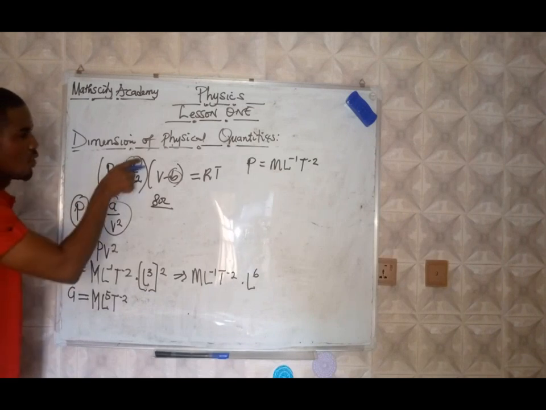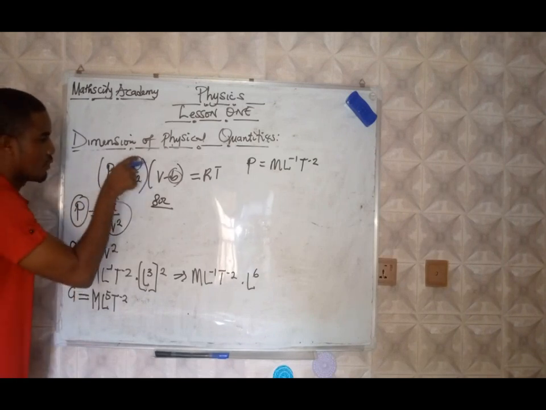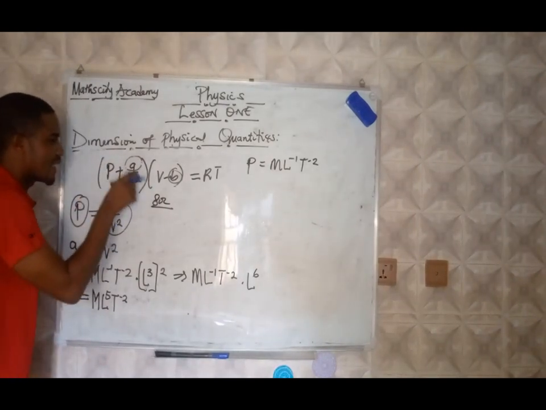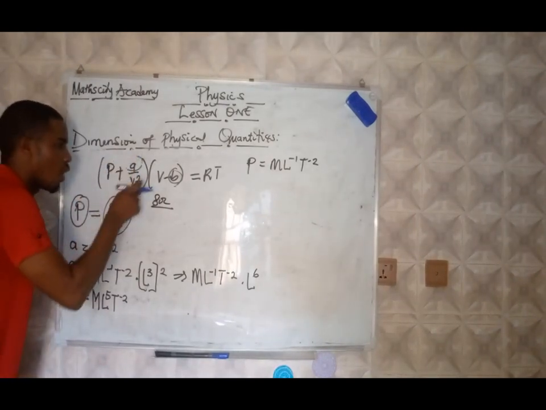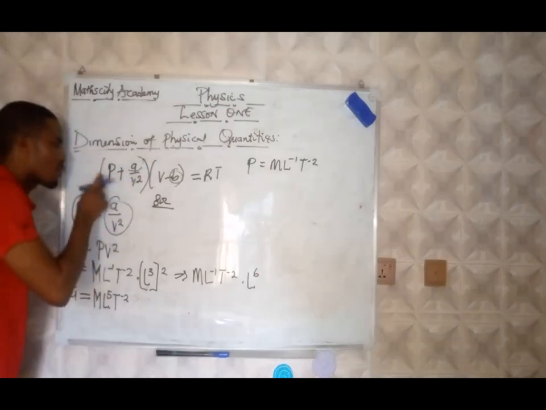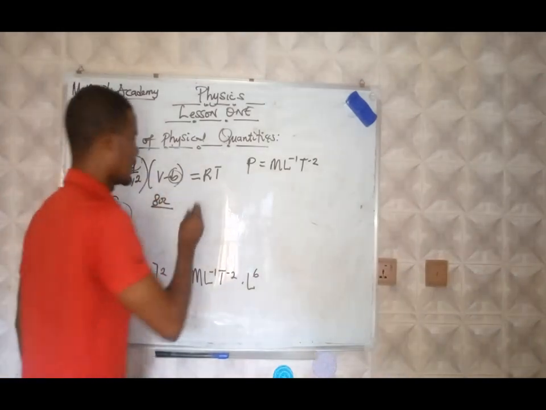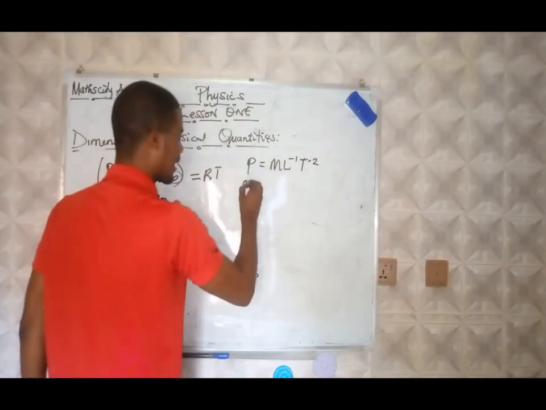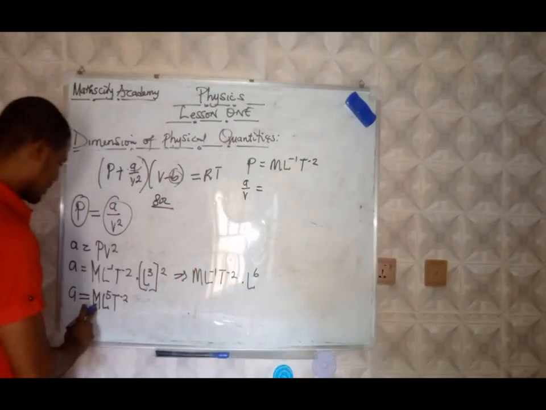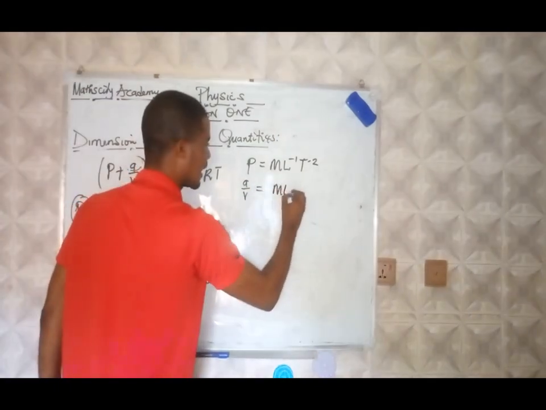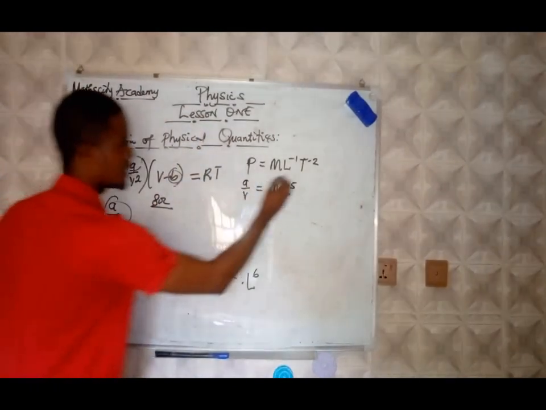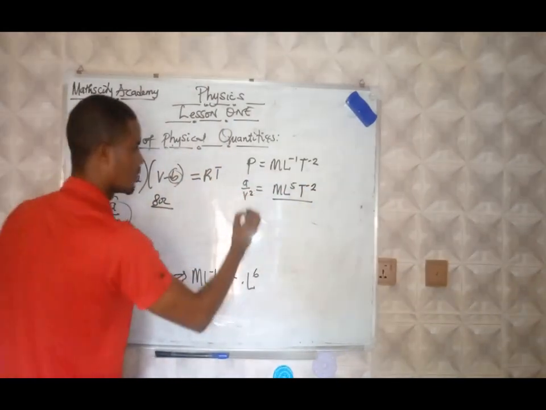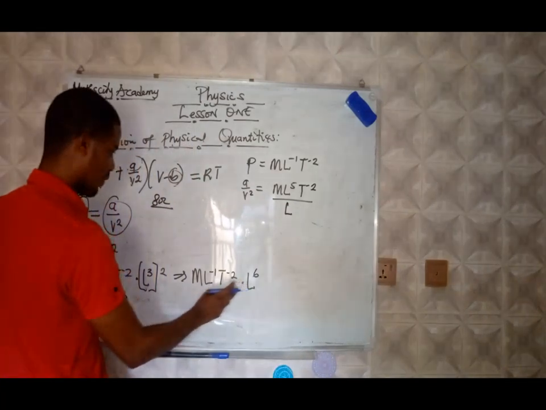When two physical quantities are added together, they should have the same dimension. Now, since I've gotten that of A, A over V squared is M L to the power 5 T minus 2 over V squared, which is L to the power 6.